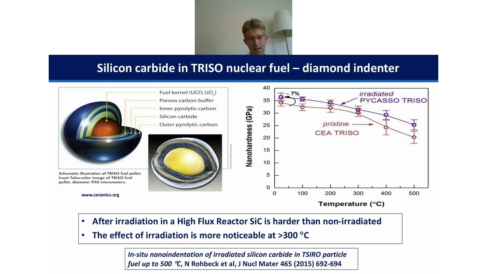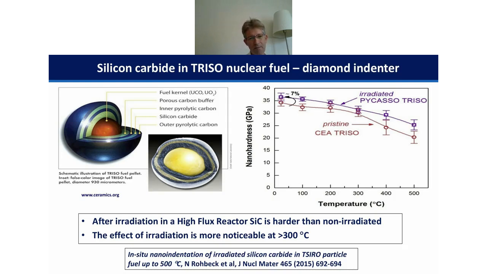So some work done here from the University of Manchester here in the UK, and they were comparing what's described here as pristine silicon carbide with the irradiated silicon carbide.